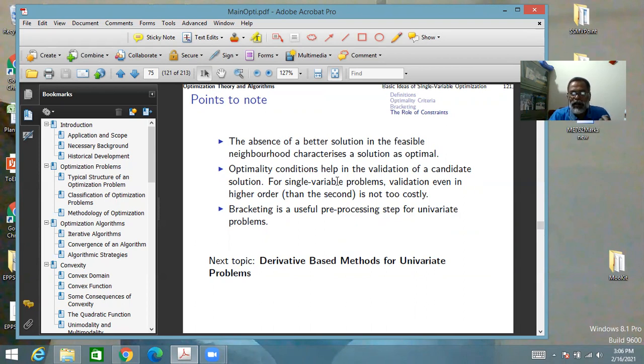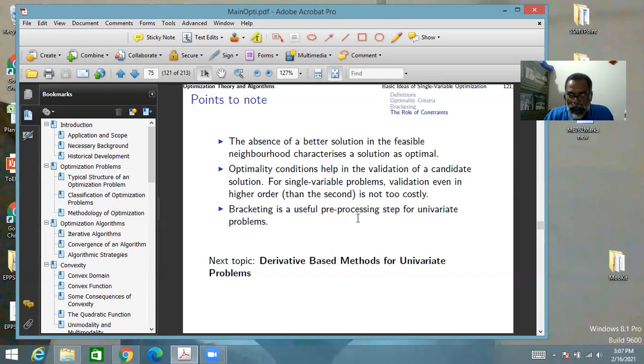If somebody proposes a solution, you can quickly check whether it has any hope of being a minimum point, even though finding it may be difficult. For single variable problems, even in higher order, validation can be done, if up to second order the decision is not conclusive. Bracketing is a very useful step, which you should typically do prior to the solution of the optimization problem. For single variable problems, you can do it, and to the extent possible, you should.